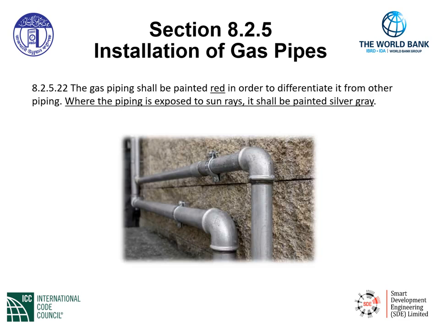The gas piping needs to be painted red in order to differentiate it from other piping. So where piping is exposed to sun rays, it shall be painted silver gray. When we think about the colors of materials outside, we're concerned with the sun's radiant energy, of course, and we don't want any dark colors because dark colors absorb heat.